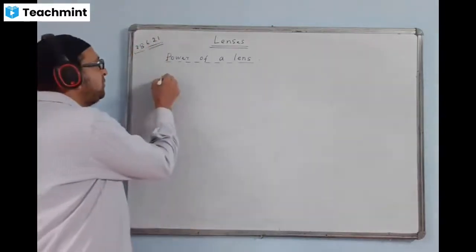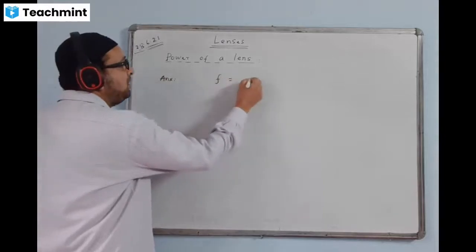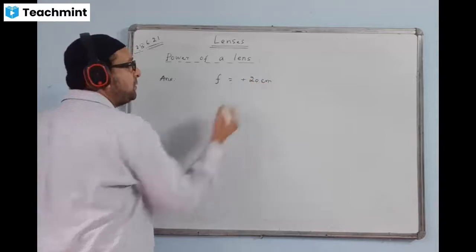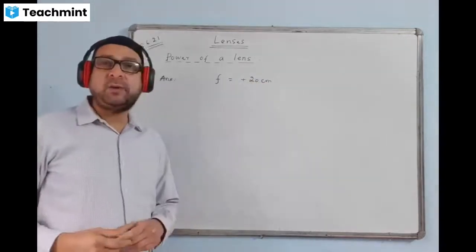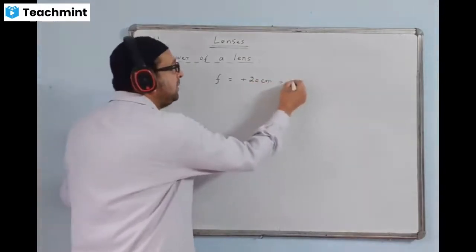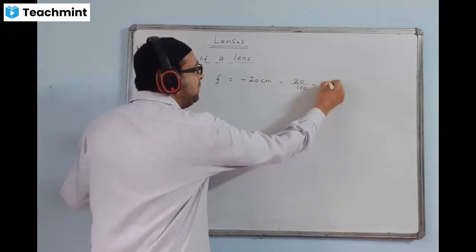Now see the answer for this question, how we can do it. First write focal length is 20 centimeters. It is a convex lens, so positive sign; even if you don't give a sign, it is understood to be positive here. You have to find power. Change it in meters: 20 by 100, that means 0.2 meters.